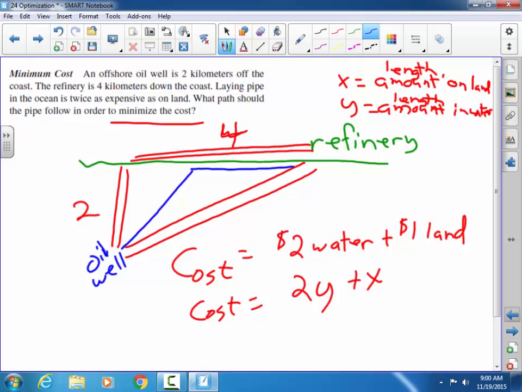So this is going to be x, and this is going to be y. Well, either it's cheaper to go straight to the land and then down, or it's cheaper to go straight to the oil. So you think it's going to be cheaper to either go here or go like that. You don't think it's going to be cheaper to do what I've done in blue.